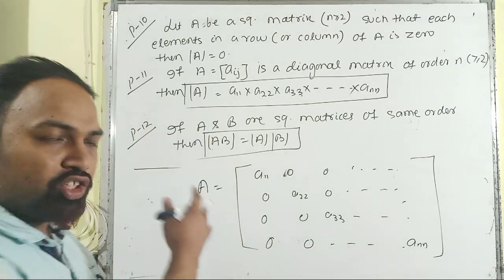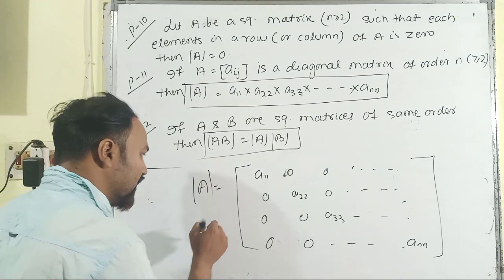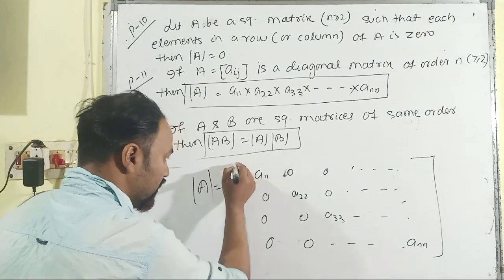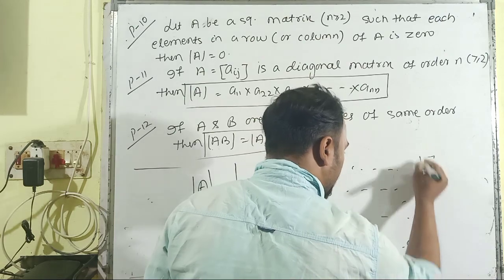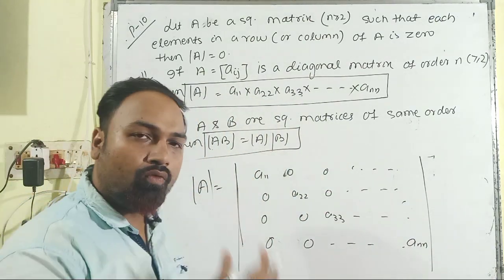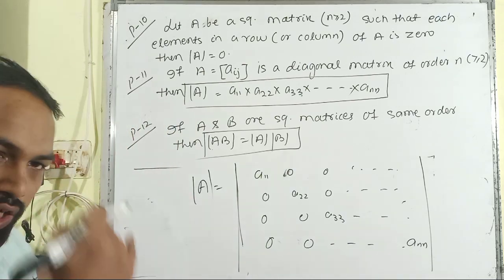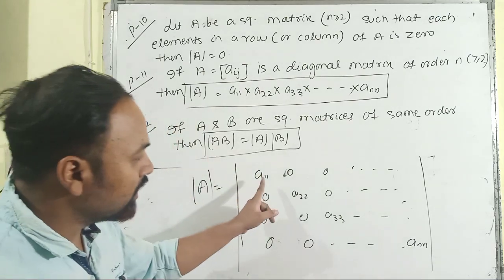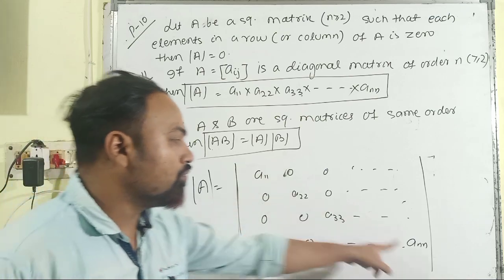Then whenever we are going to find the determinant of this matrix, we don't need to go through the procedure of expanding along column 1, column 2 or row 1, row 2. You just have to multiply all the elements from A11 up to ANN.